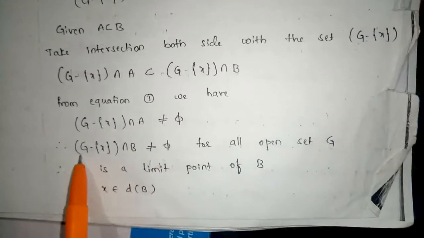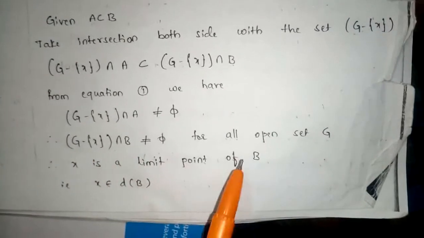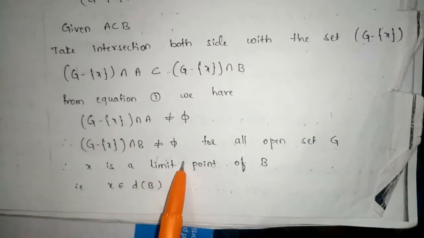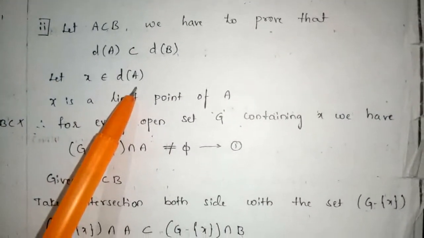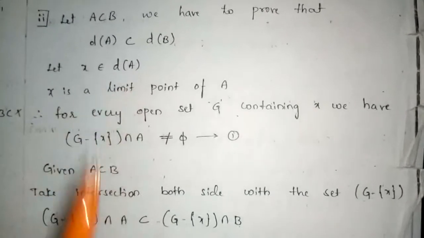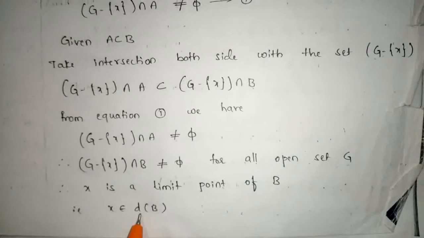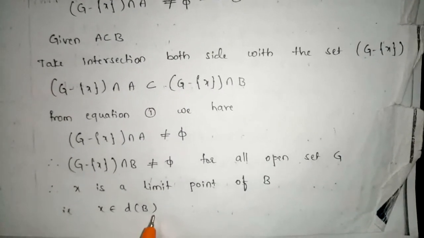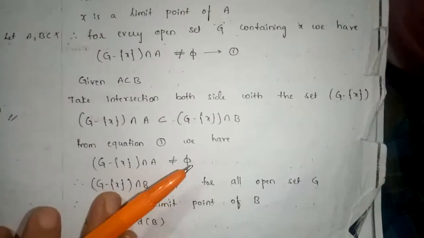By using the definition of a limit point, x is a limit point of B. If x is a limit point of B, then x belongs to the derived set of B. We assumed that x belongs to D of A, that is, the derived set of A, and we proved that x belongs to the derived set of B. Then we say that the derived set of A is a subset of the derived set of B.